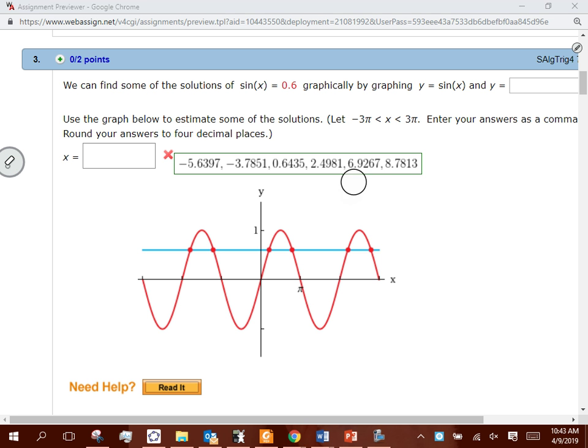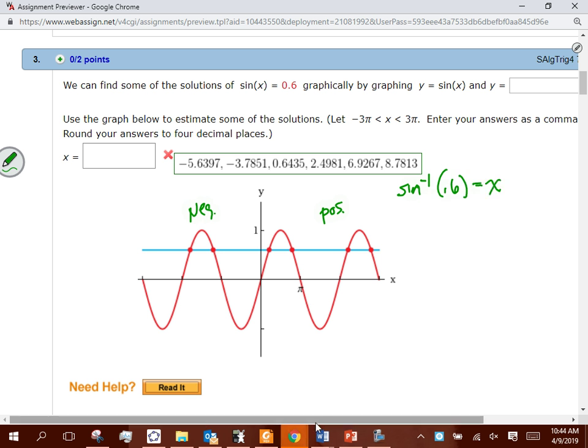Okay, so the ultimate picture here is to tell you should have 6 solutions. 2 of them are negative, 4 of them are positive. Okay? But then if I'm doing this by hand, I got sine, it'd be sine inverse of 0.6 is equal to x, right?